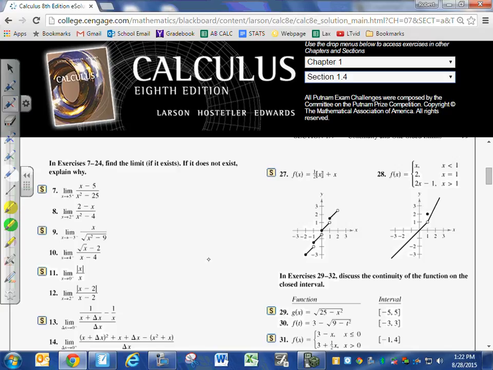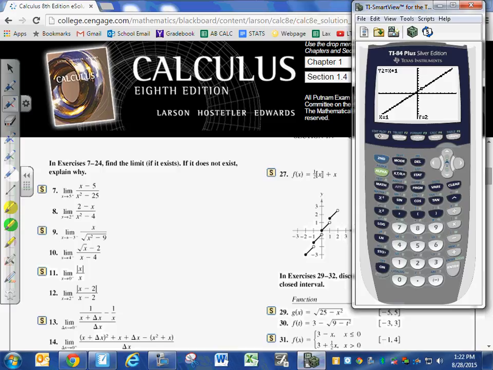Okay, well, the key for this one is we should probably graph it and see what's going on around 5. So let's do that. We're talking about number 7. I will graph, clear it out, quantity x minus 5 divided by quantity x squared minus 25.